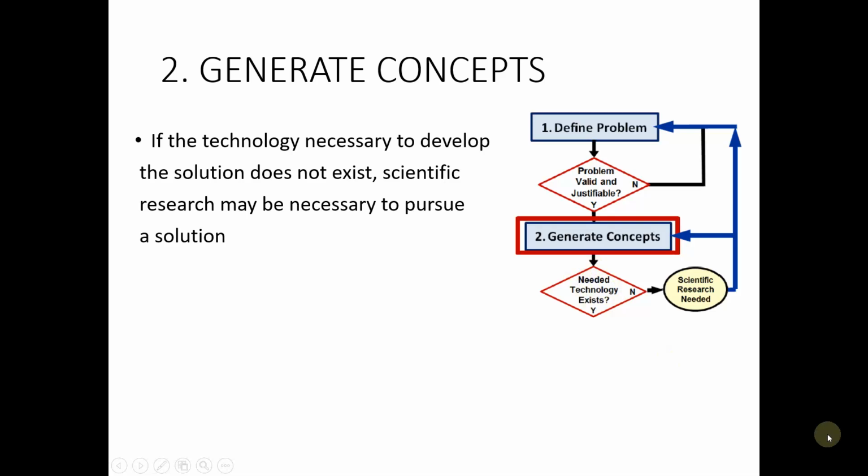If it is a no, then we may have to do a scientific research on whether any alternative techniques are available, and we may have to go back to the second stage. If no alternatives are available, then again we may have to define a new problem, because if technology is not available, if the machinery is not available, then surely we may not be able to proceed further. So we will have to stop it there.